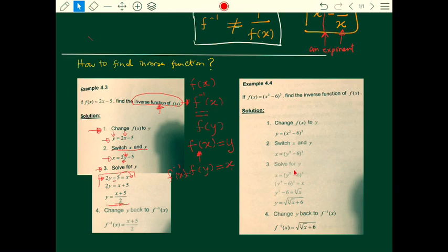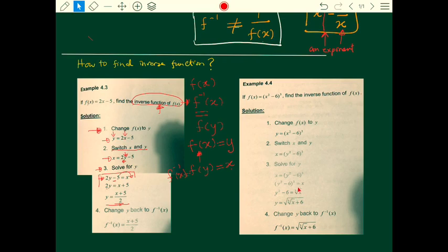Only then you need to solve for y. To solve for y, you need to know how to deal with the power here. This is algebra. So (y squared minus 6) to the power of 3. You bring the power of 3 to the other side, which is x.